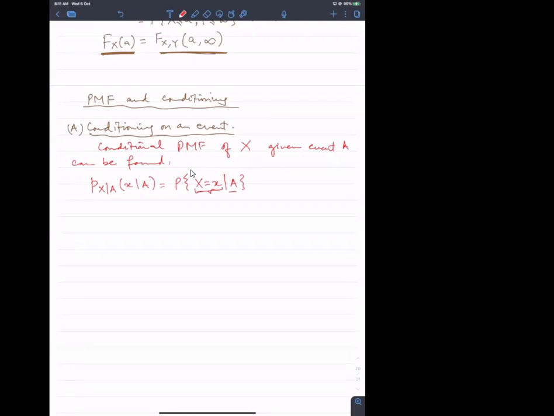So what is the probability of one event given the other event? We studied this in conditional probability. And this is equal to the probability of the intersection of the event X equal to x and the event A, divided by the probability of event A.